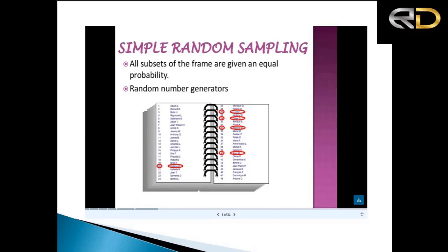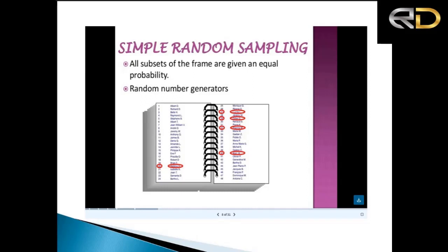Every number is random, and whether you take single-digit, 2-digit, 3-digit or 4-digit numbers, all are random, whether you select them row-wise or column-wise or diagonally. So every way it is random.